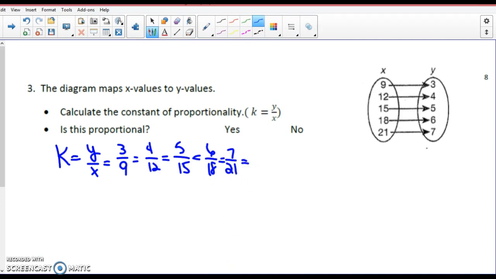What does every single one of those reduce to, Justin? The constant of proportionality K is 1/3, and it is the same for every ordered pair. So is this proportional? Yes, it is.